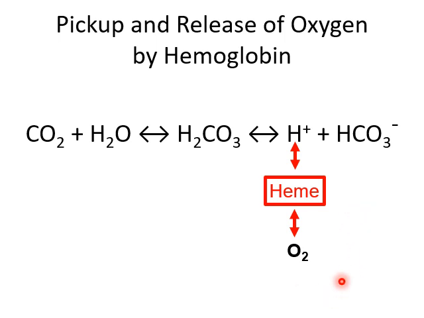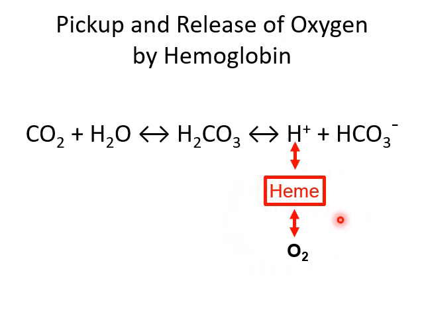If we go to the lungs, we get rid of CO2. That's good. That's going to reduce hydrogen ion concentration. That's going to mean the heme is more sticky and more likely in the lungs to pick up that O2. So we tend to have heme very sticky for oxygen in the lungs.